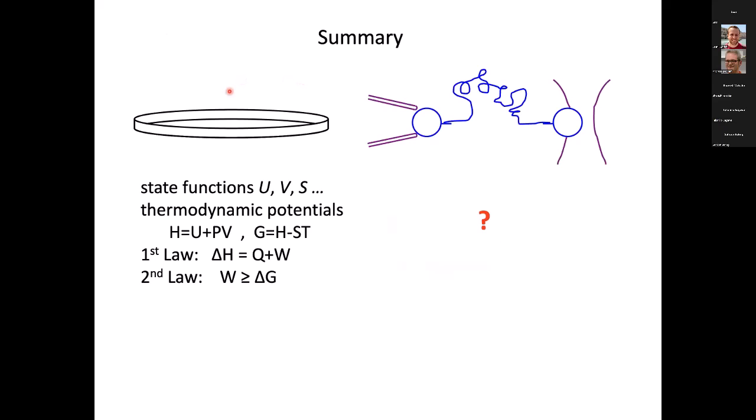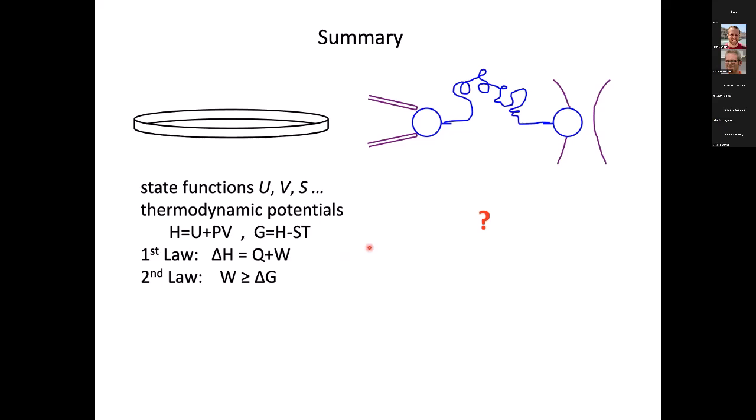But to summarize, in macroscopic thermodynamics, we have these well-defined notions of equilibrium states, state functions associated with those equilibrium states, thermodynamic potentials that can be built out of those state functions, heat and work, and the first and second laws of thermodynamics. So for a process that occurs at constant temperature and pressure, here's the usual way that we would write down the first and second laws.